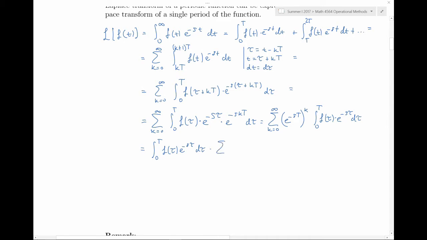And what's left is a summation of e to the minus sT to the power k. K goes from 0 to infinity.